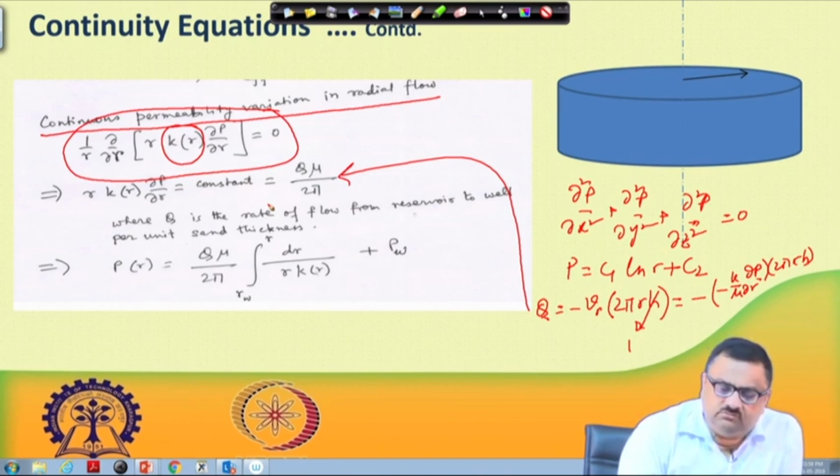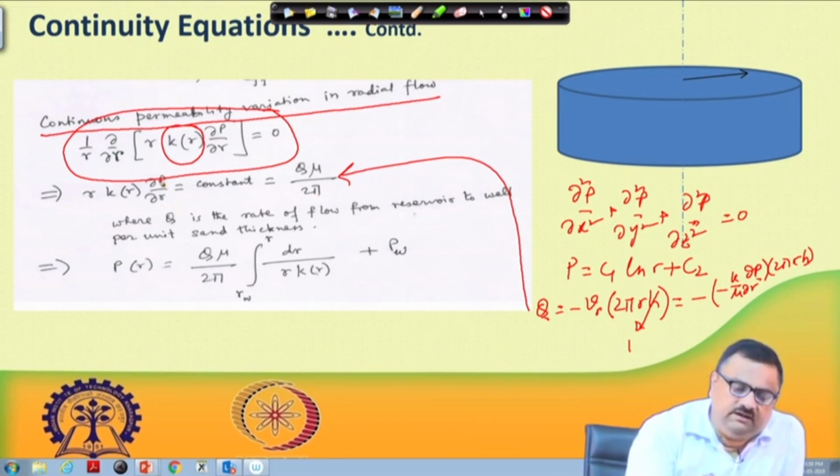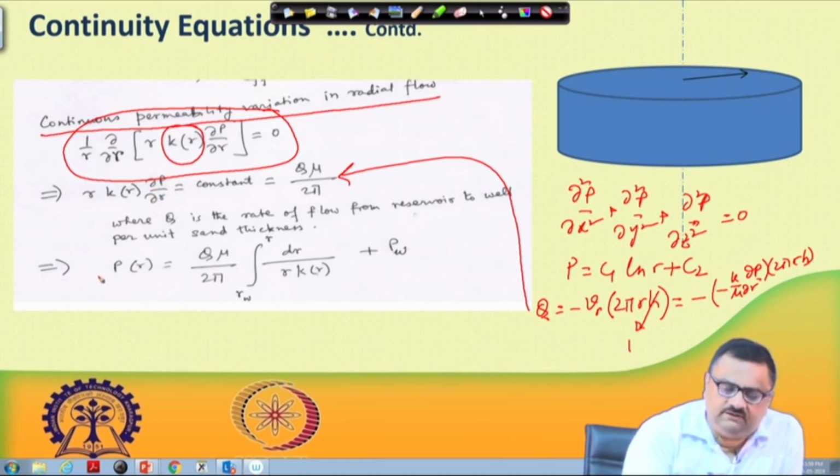If you have this equation to be valid, then if you want to go for the pressure profile, one way is to integrate this. So, naturally you would leave del p del r on the left hand side.